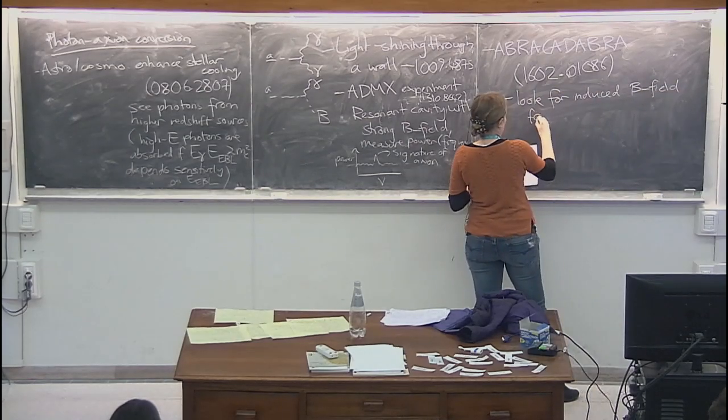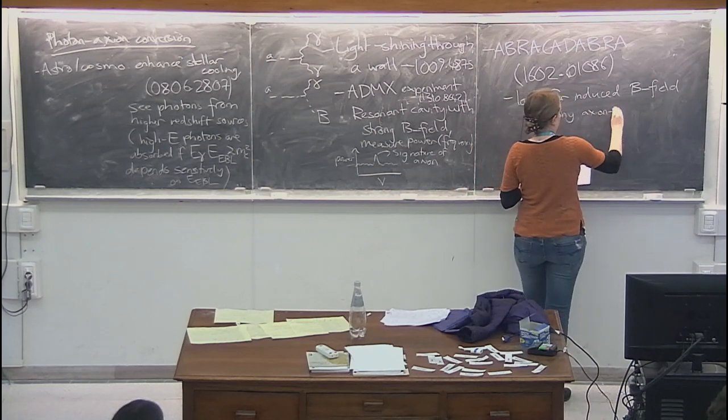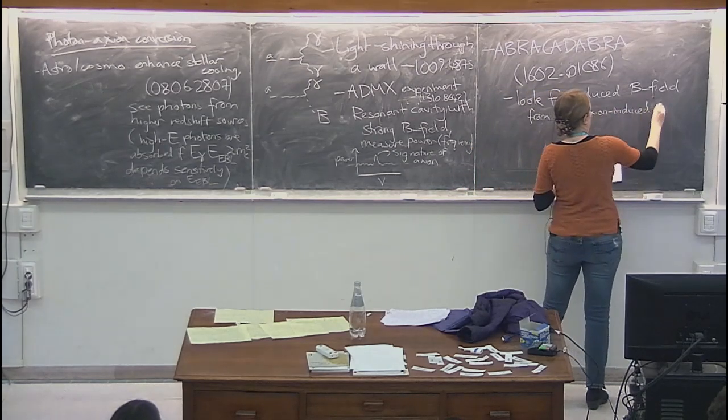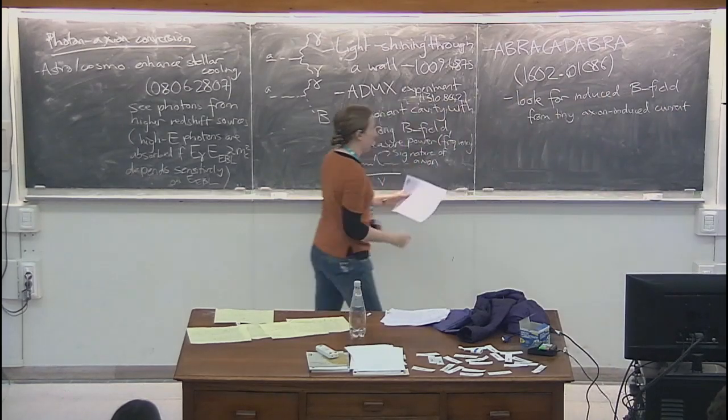Again, they impose a strong B field. They get the dark matter. They want the dark matter axions to convert into E fields and make a small current in their ring, and that produces an induced B field.